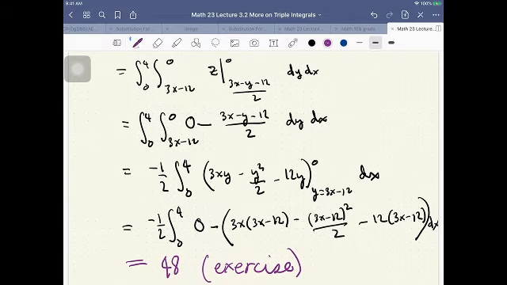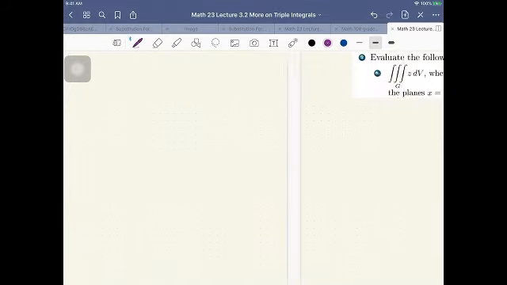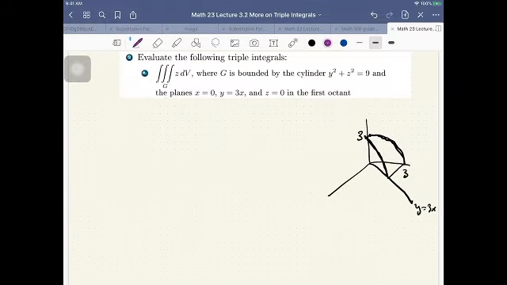All right, so let's proceed to the next item. Evaluate the following triple integrals. Let's do the triple integral of z dV, where G is bounded by the cylinder y squared plus z squared equals 9, and the planes x equals 0, y equals 3x, and z equals 0 in the first octant.